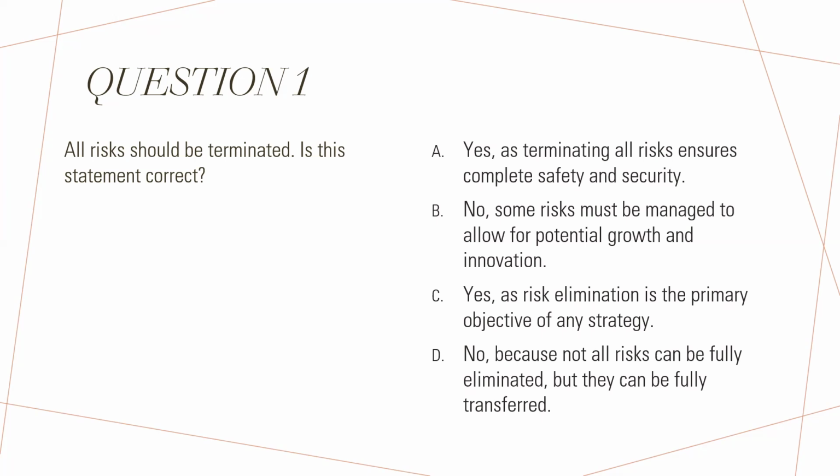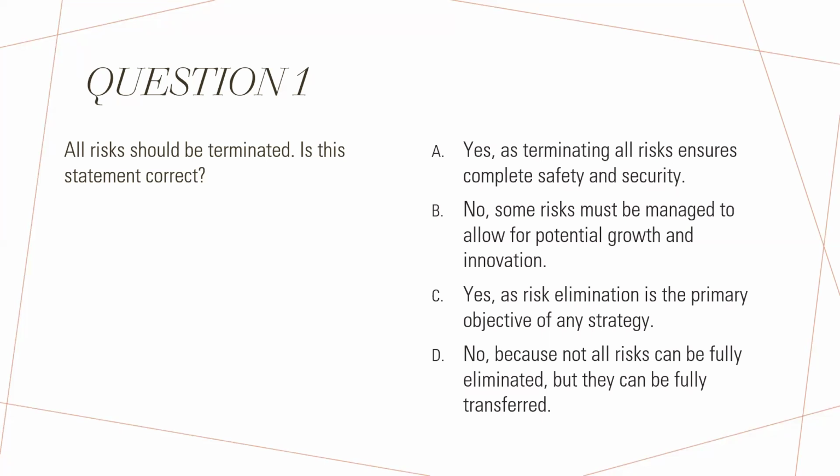Okay, so I can see that there are two opinions here. One is B and one is D. Of course, not all risks could be terminated. Therefore, we look for the answer with no. And there are two opinions here, B or D. With B, the risk must be managed to allow for potential growth and innovation.